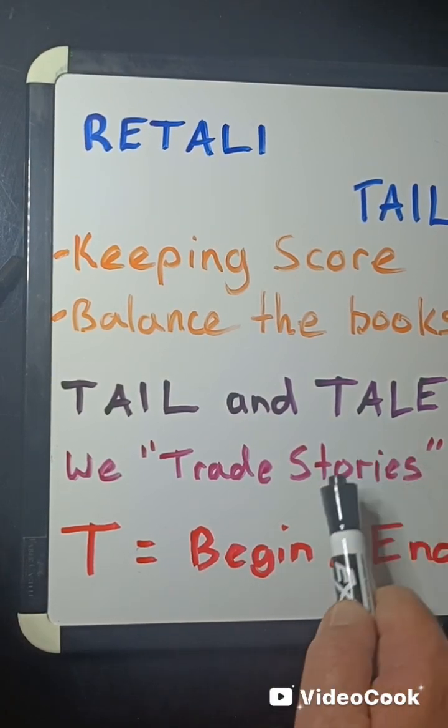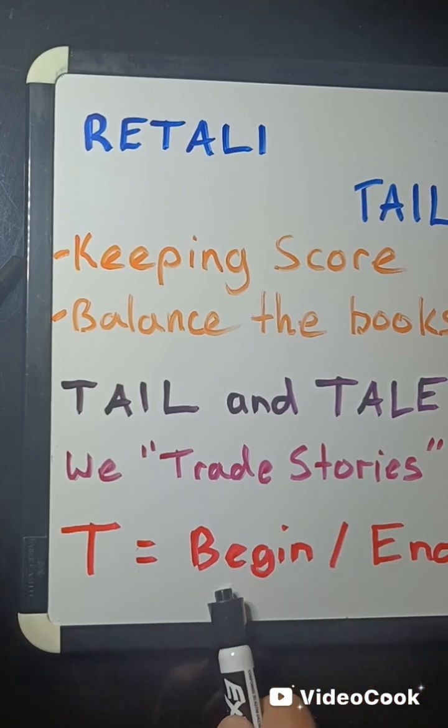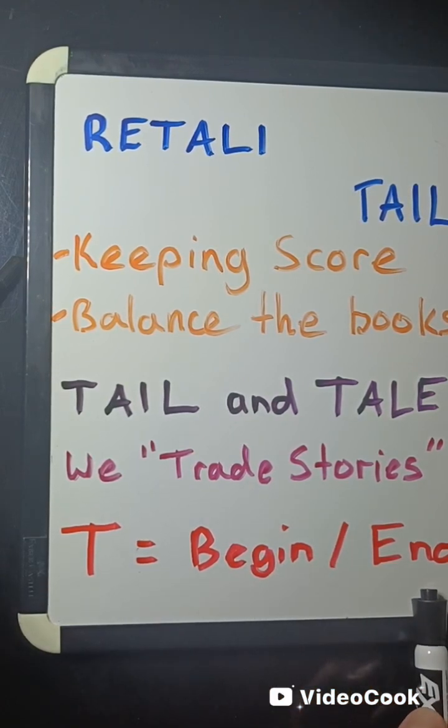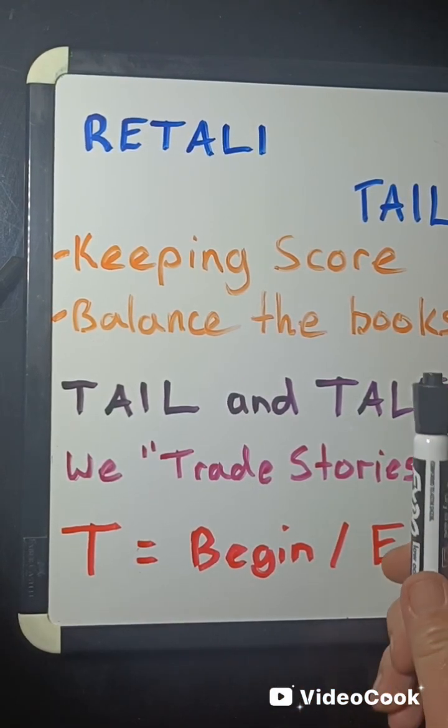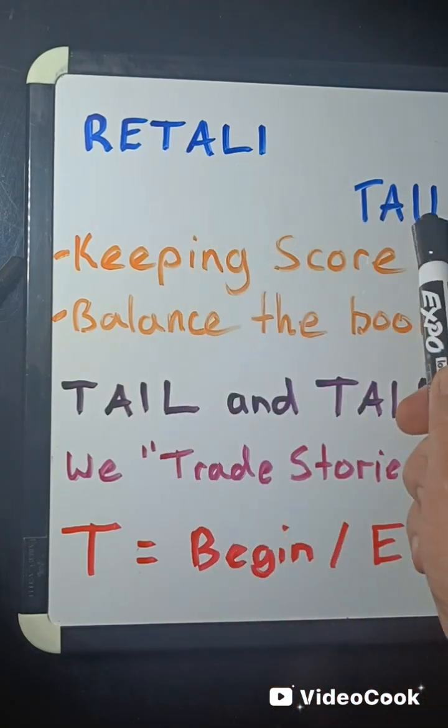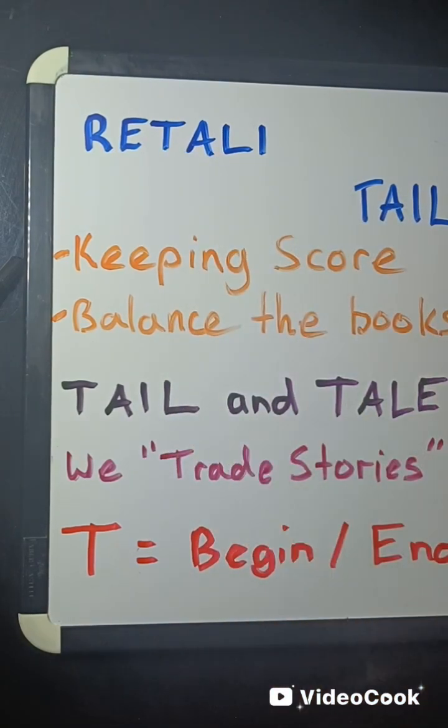Every tale in a story has a beginning and ending. Every trade, every transaction in the retail has a beginning and ending. We engage in contract, and we discharge the contract.